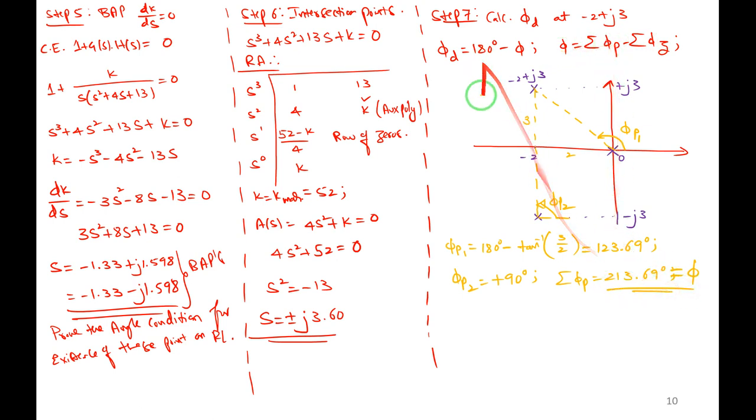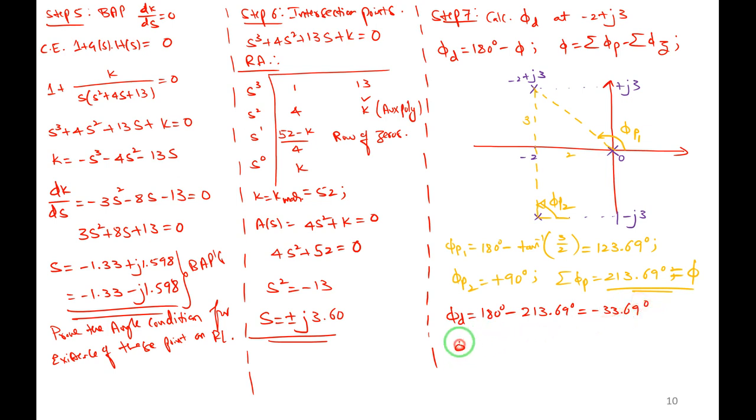This is phi. So we will calculate the angle of departure. Angle of departure phi d is equal to 180 degrees minus phi. Phi is 213.69 degrees, so 180 minus 213.69, I'm getting minus 33.69 degrees.